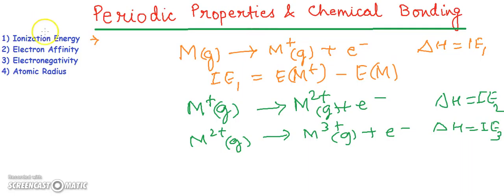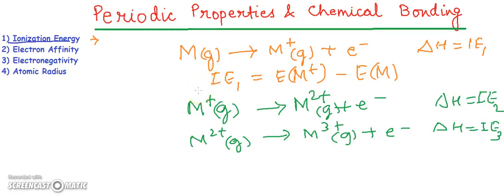So we have learned that ionization energy is the minimum amount of energy required to remove an electron from the valence shell of an isolated gaseous atom or cation. Now, the removal of the second electron from a cation is relatively more difficult.